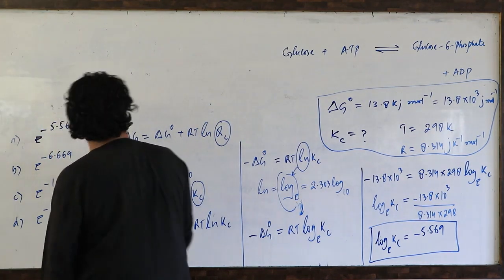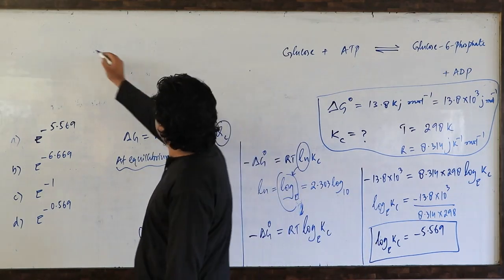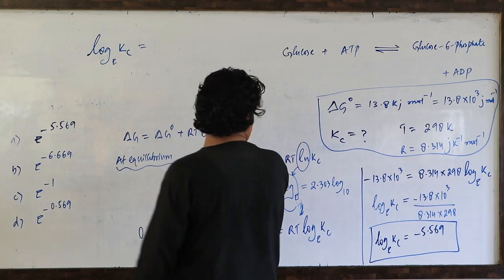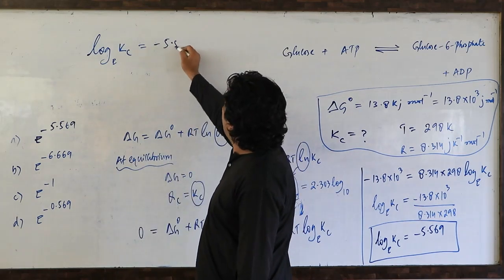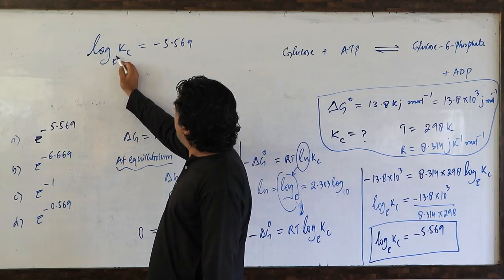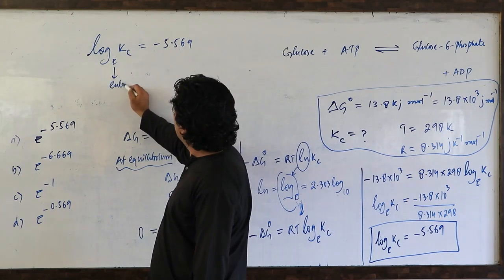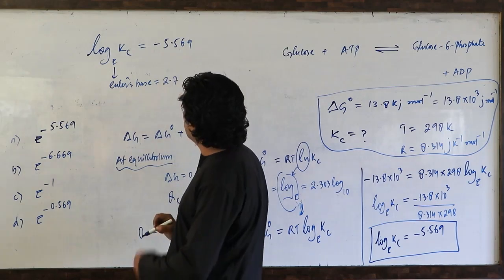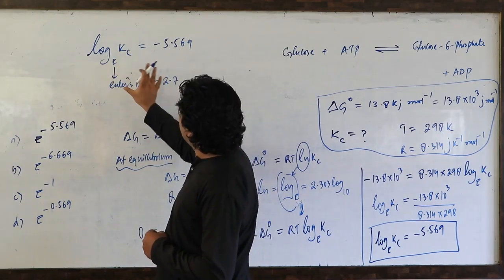So finally, my dear friends, I have log to the base e Kc is equal to minus 5.569. In the previous class I told you that this base is Euler's base, and its value is approximately 2.7. I also told you how to simplify the log.